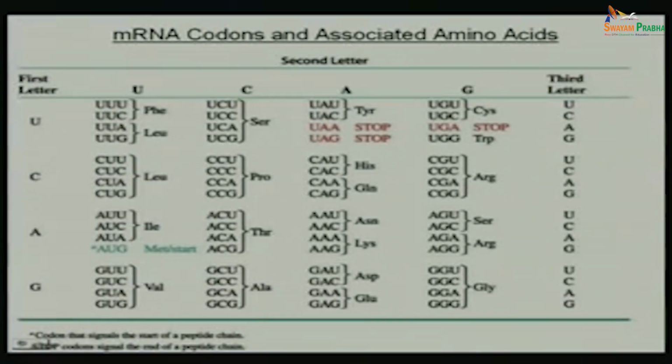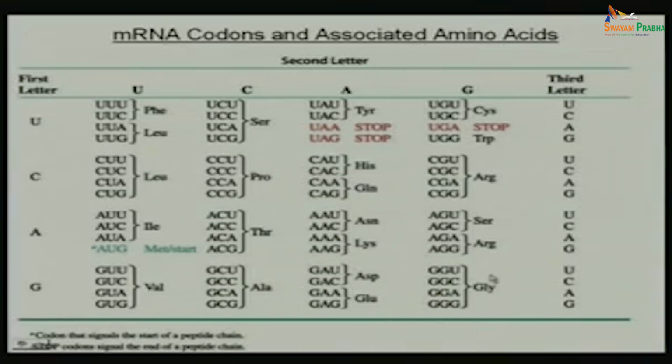But in reality, it is not happening like that. For each amino acid, there are multiple codons. For example, for GGU, GGC, GGA, GGG, these 4 codons code only one amino acid, which is glycine.